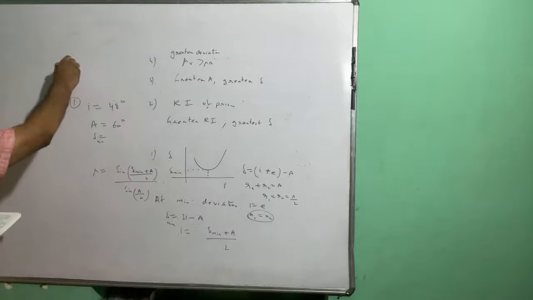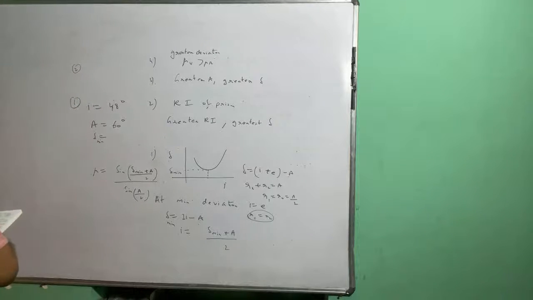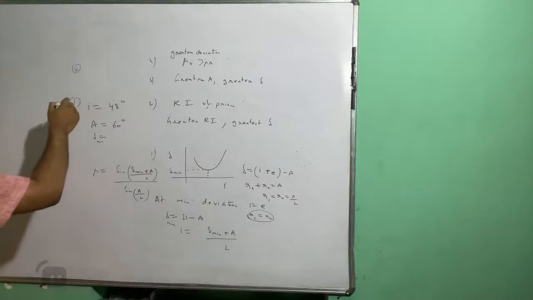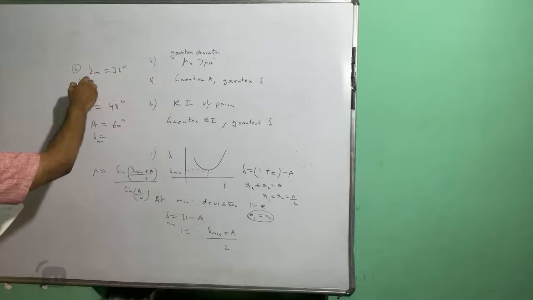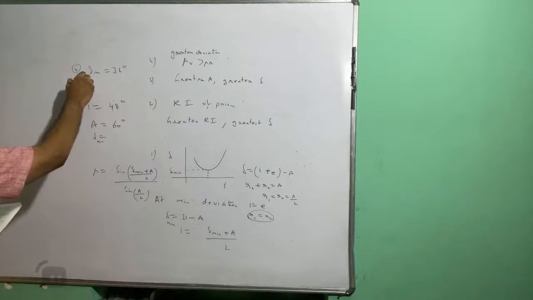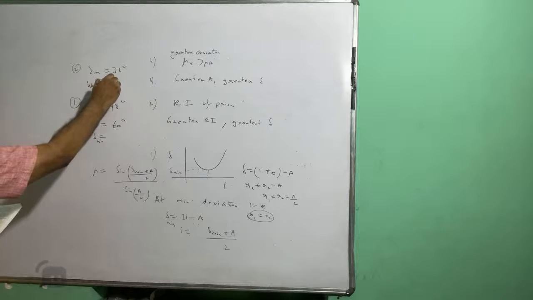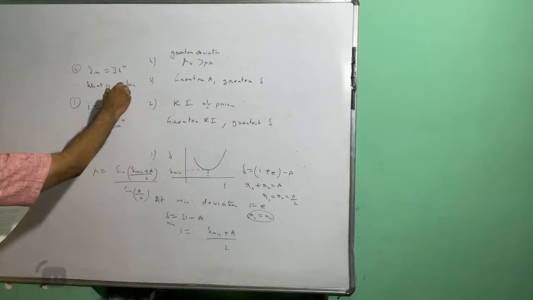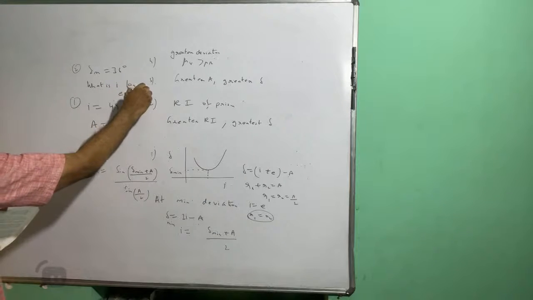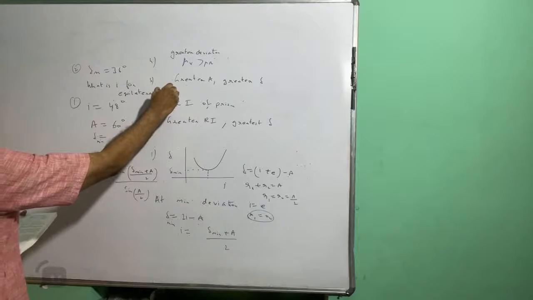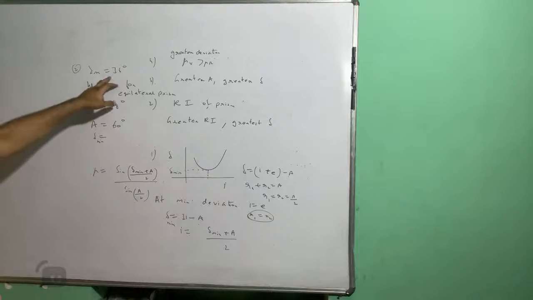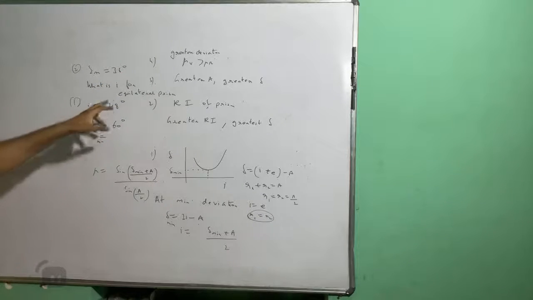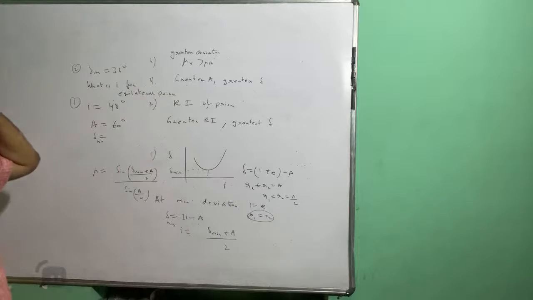And number 2: if the minimum deviation is 36 degrees, then what is the angle of incidence for an equilateral prism?